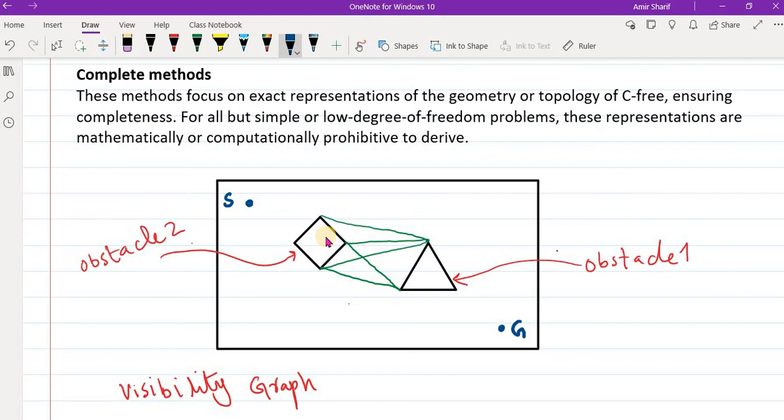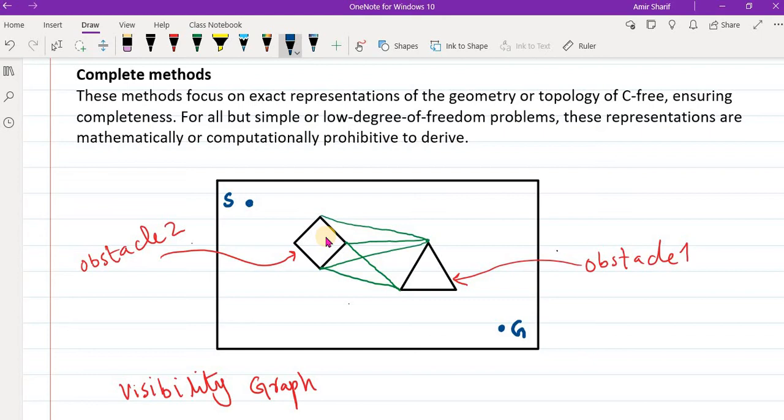So these complete methods use the exact representation of your C-free. You see that it shows you the geometry of the free space between these obstacles.